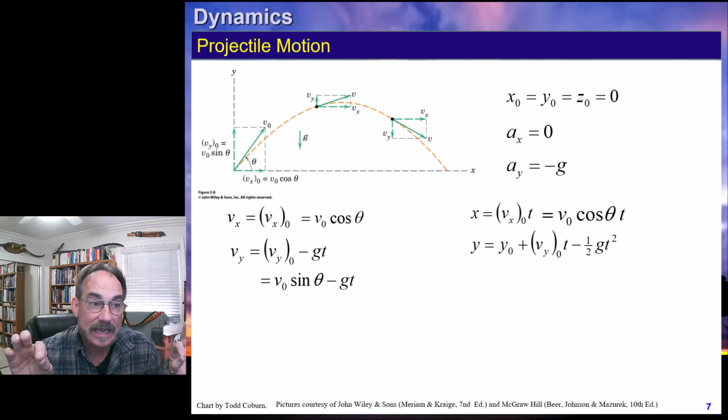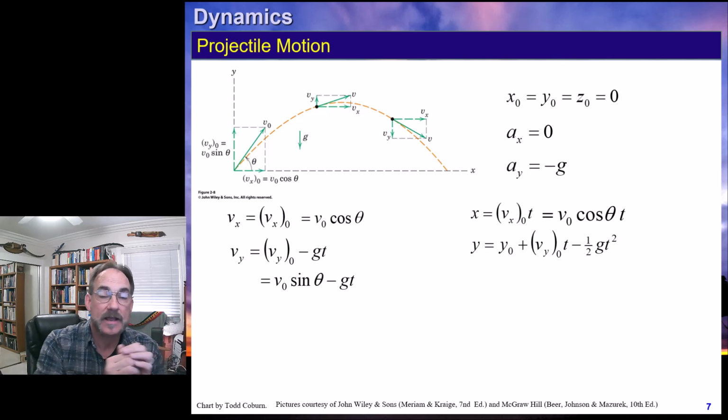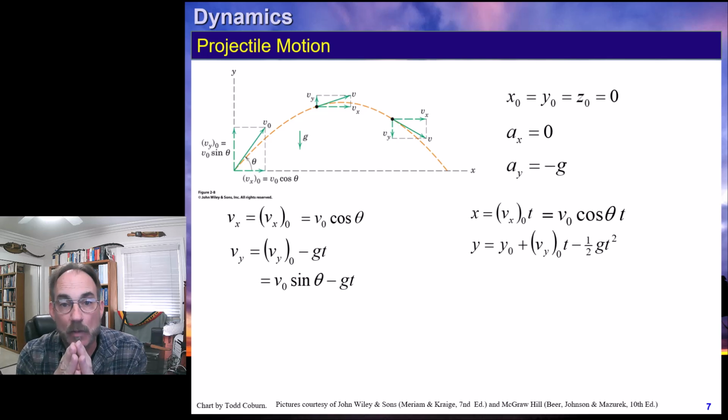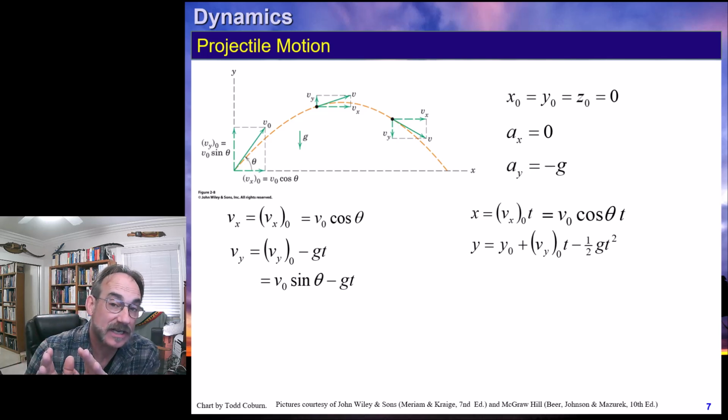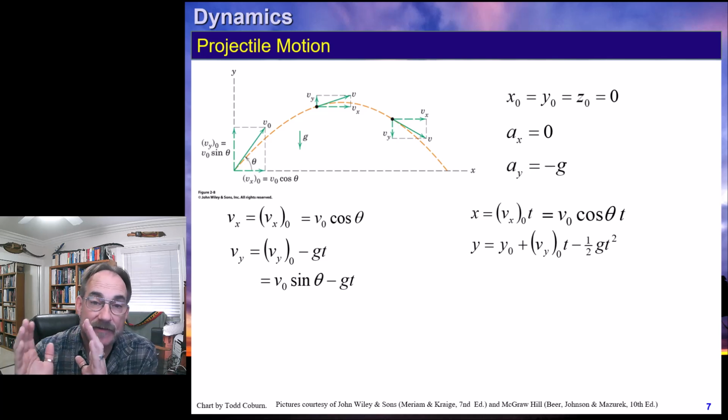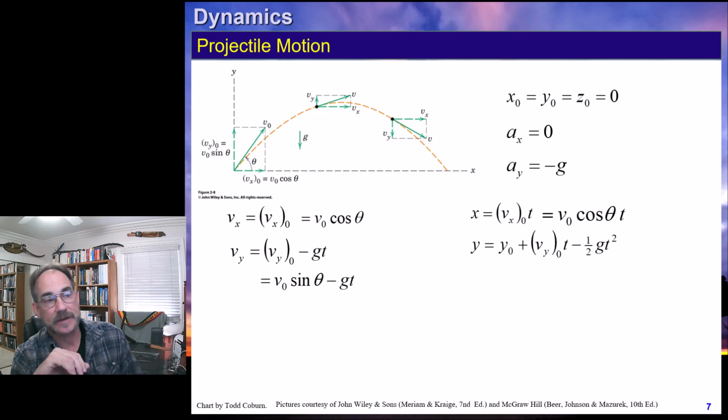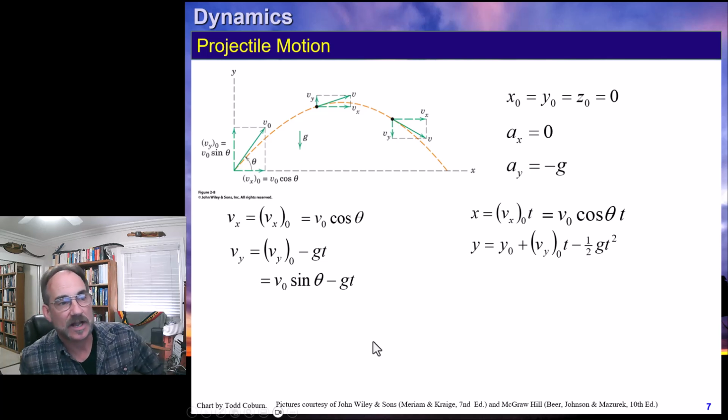We're plugging in the vertical components. So instead of s, we're saying y. Instead of s0, we're saying y0. We have the velocity in the y direction initially times the time, and we have the component of acceleration that's affecting this, which is just g. Okay, that was our equation we saw last time.